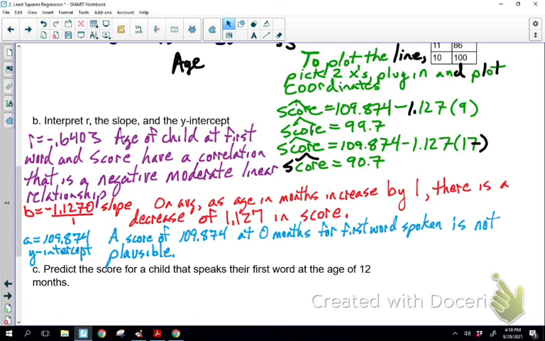And if you feel like you need to explain more, you can, but I think that's enough because children will most likely not speak at 0 months.